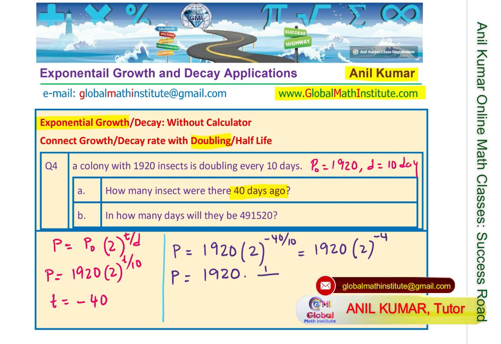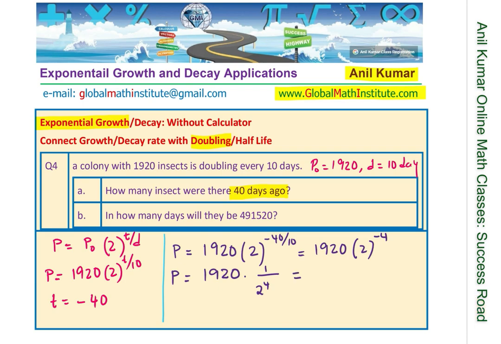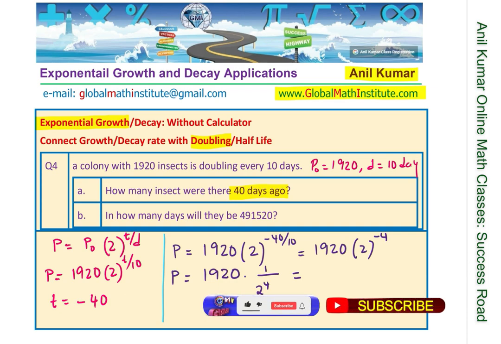So we can calculate this population as 1920 times 2 to the power of minus 4, which is 1 over 2 to the power of 4, negative exponents. So now you can divide this by 2 to the power of 4, which is 16, and get your answer without a calculator.